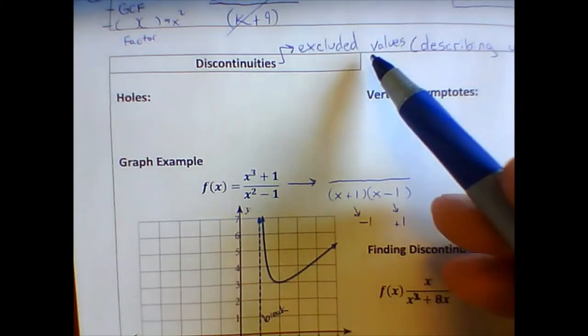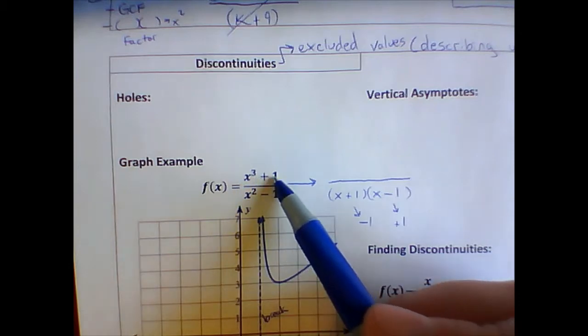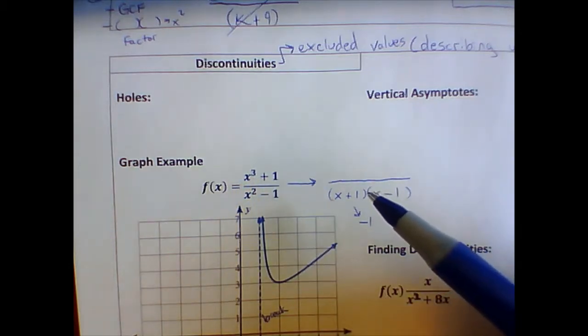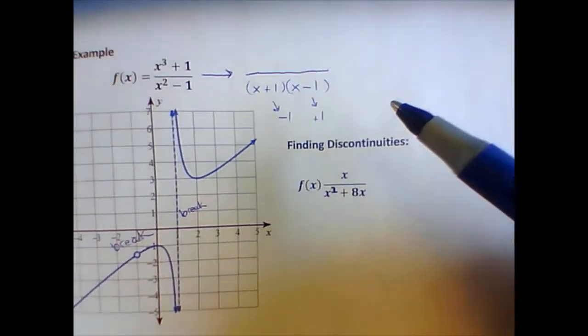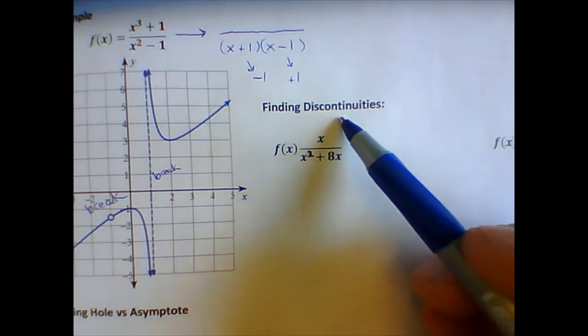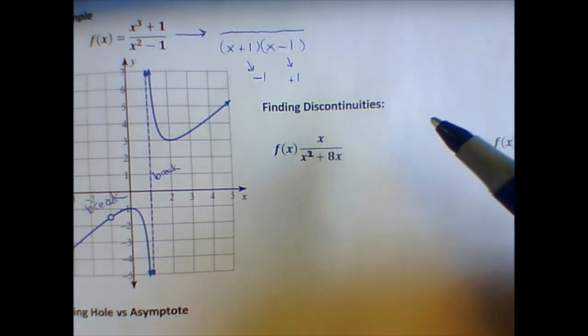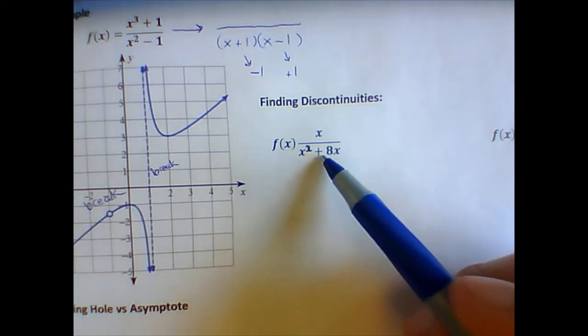They make the graph discontinuous. They are also excluded values. Now, the top, we could factor the top. In fact, we will in a minute. But right now, let's just keep playing with discontinuities. So we're going to keep finding them just so we get that straight in our heads, how you find them. And then we'll start classifying them.